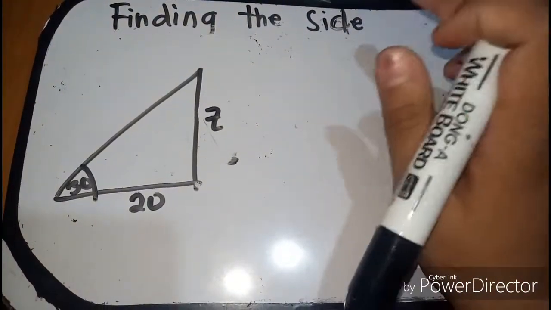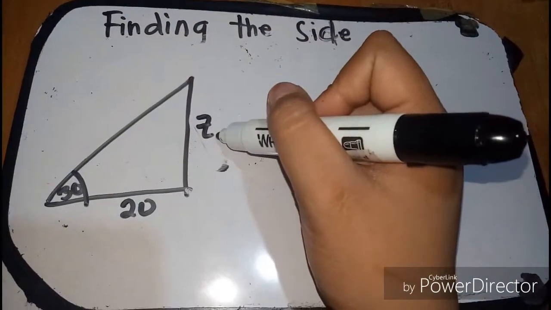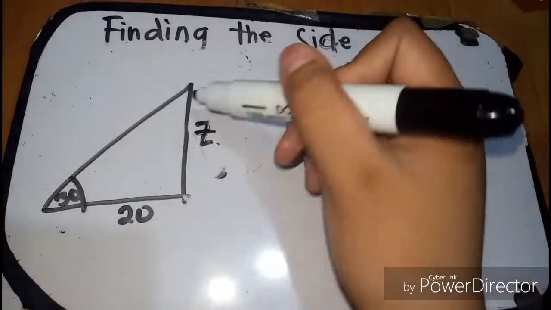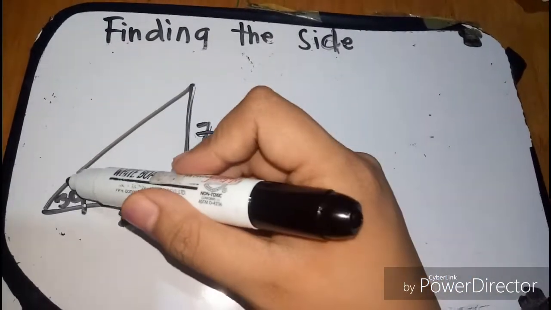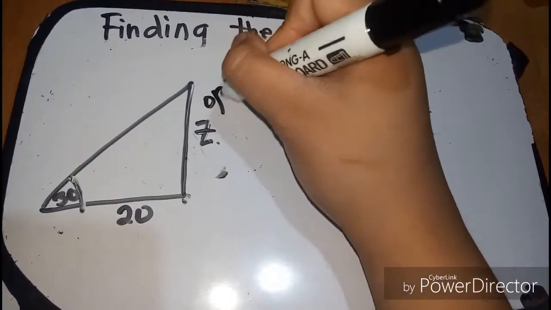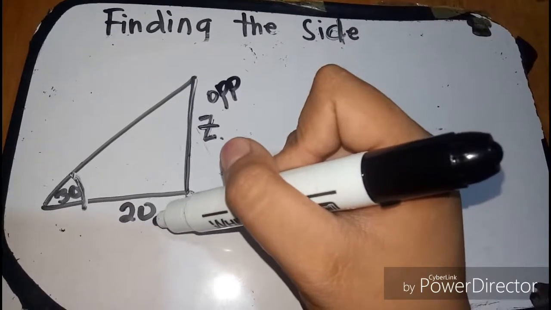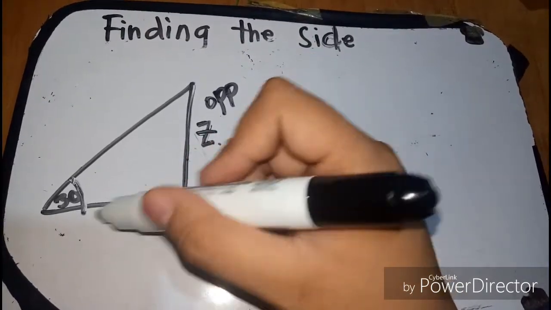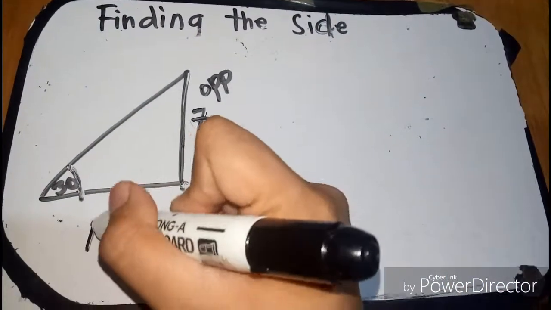Another example. I have another example here to find the side using SOHCAHTOA. This is our unknown, the z. This side is opposite to the angle of our triangle, so this will be our opposite, and our known value, 20, is next to the angle, so this will be the adjacent.